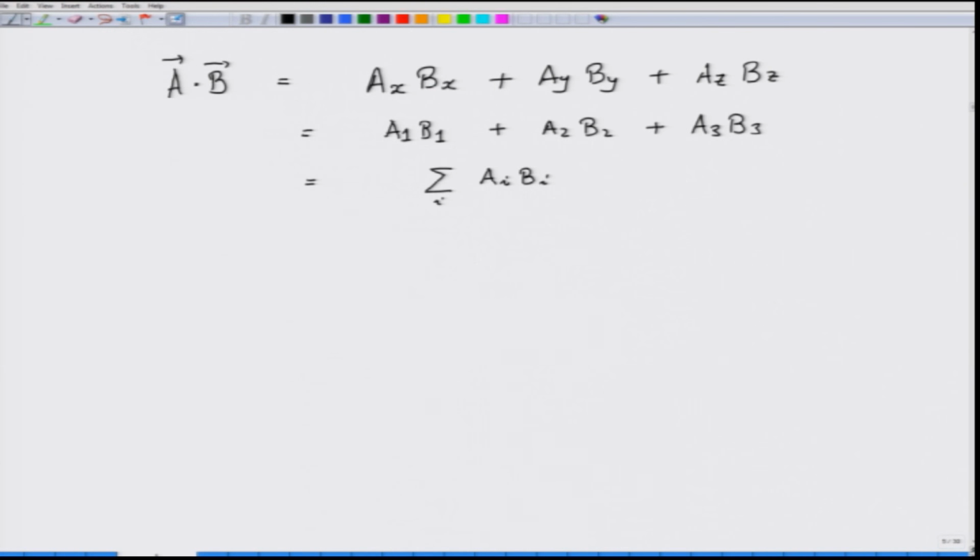And in terms of delta symbol, I can write this as summation over i, summation over j, delta i j A i B j. So, this is A dot B.